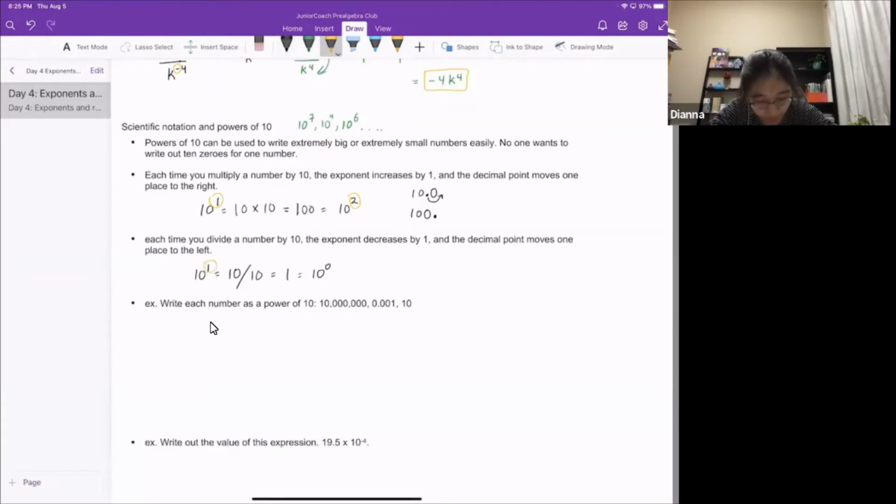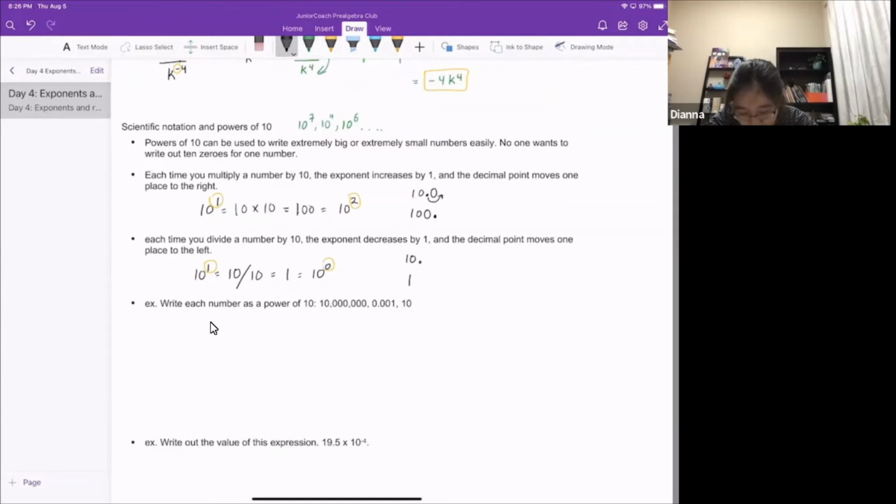So here my exponent decreased by 1, going from 1 to 0. That's what's going to happen any time you divide a number by 10. And the decimal point moves 1 place to the left. I had 10 originally, and now I divide by 10 and get 1.